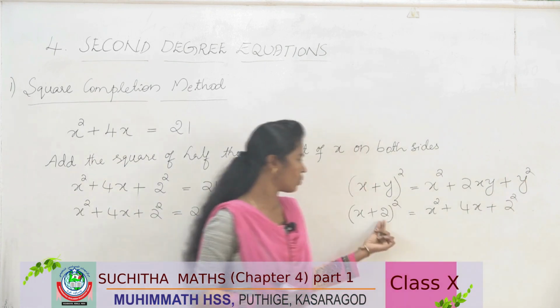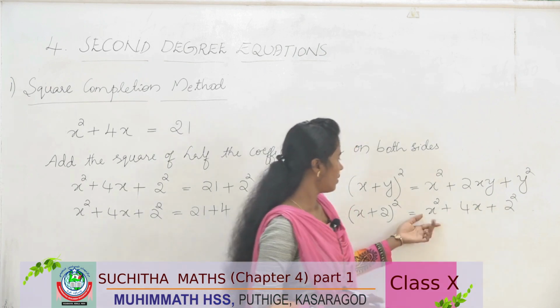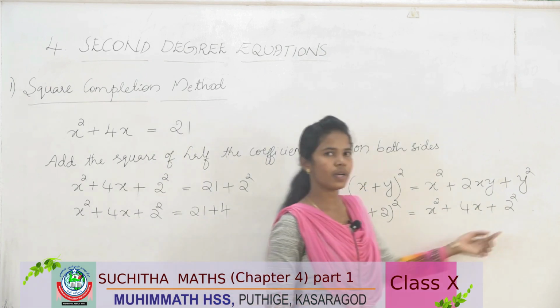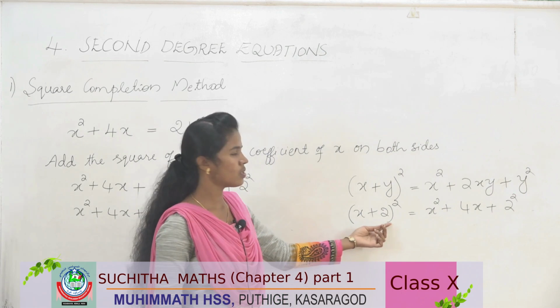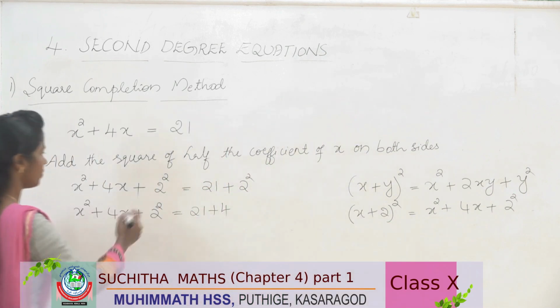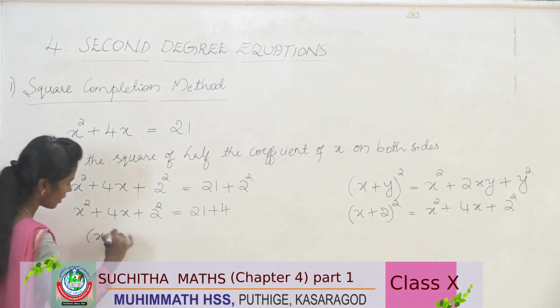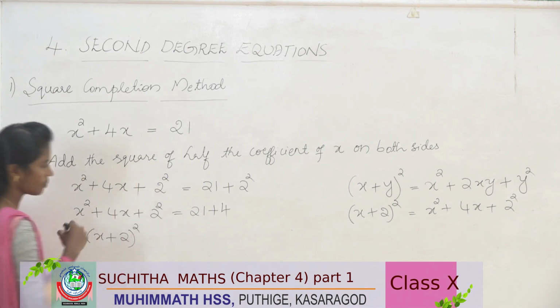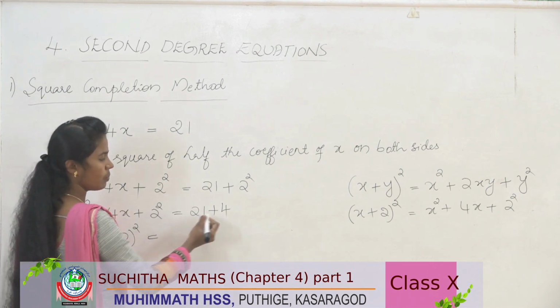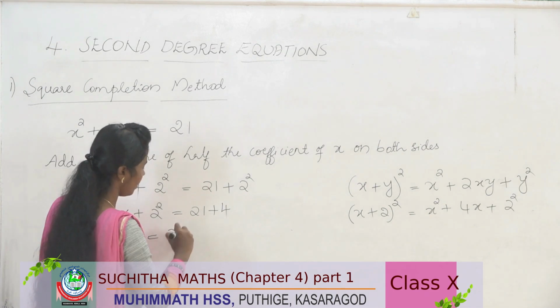Here y is 2, so 2 square. So x square plus 4x plus 2 square is equal to x plus 2 whole square. So write here x plus 2 whole square equal to 21 plus 4 is 25.